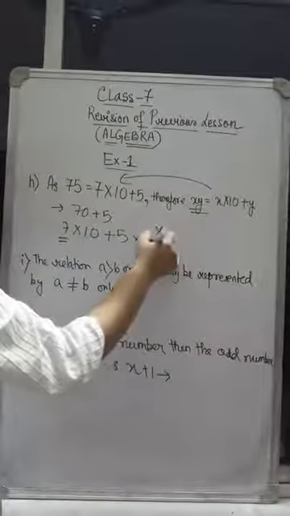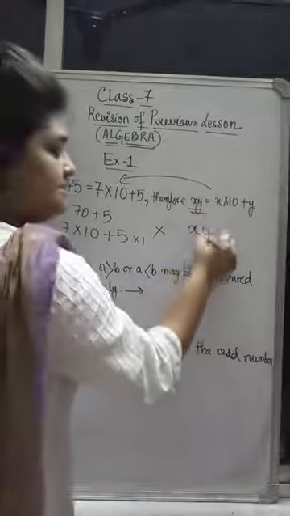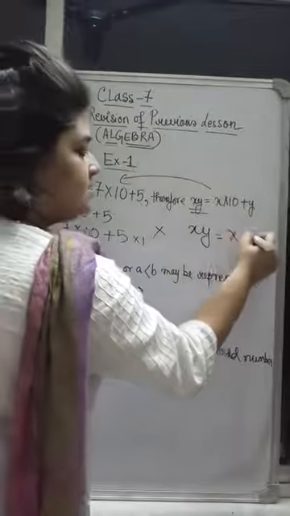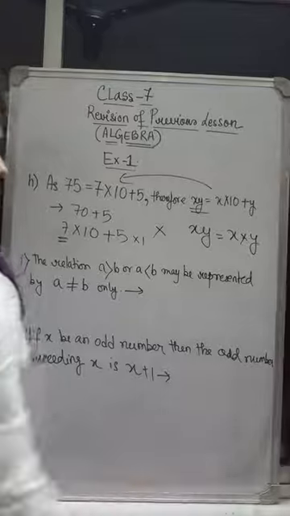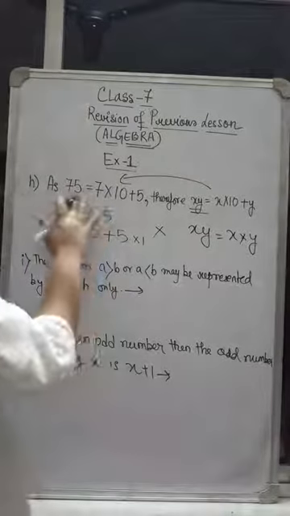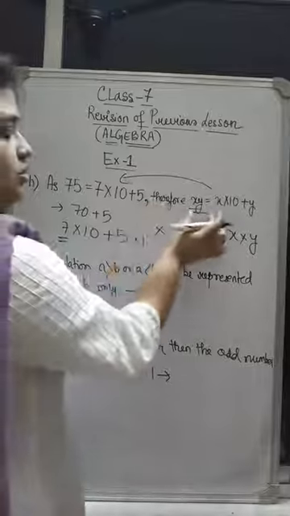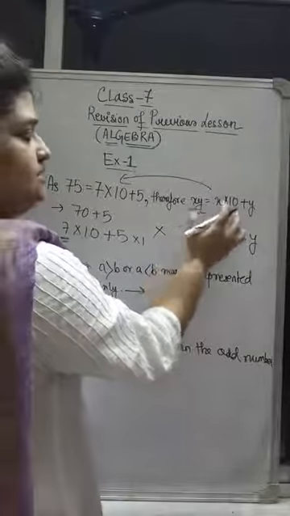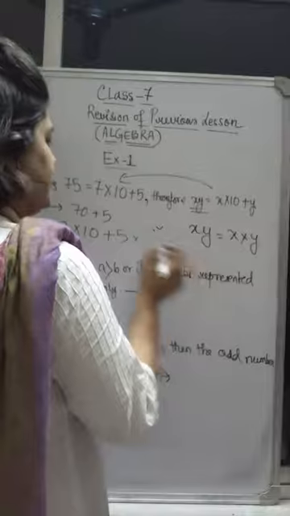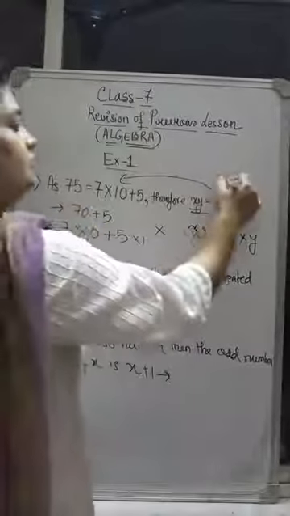It is no, because in algebra simple xy means x is multiplied to y. So as 75 equal to 7 into 10 plus 5, therefore you cannot say that xy means x into 10 plus y. So this is false.